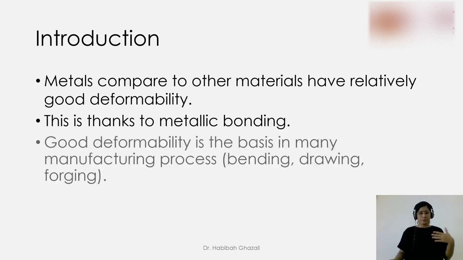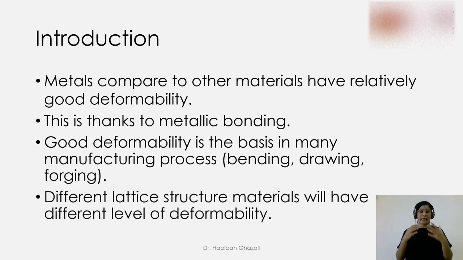Good deformability is the basis for many manufacturing processes. Why has metal been used in so many engineering structures? Because it has good deformability. You can easily bend, draw, roll or forge it, and it can easily be deformed to whatever shape you want.